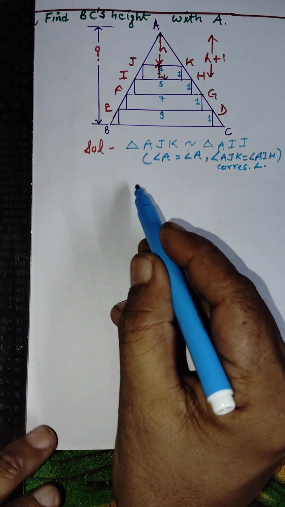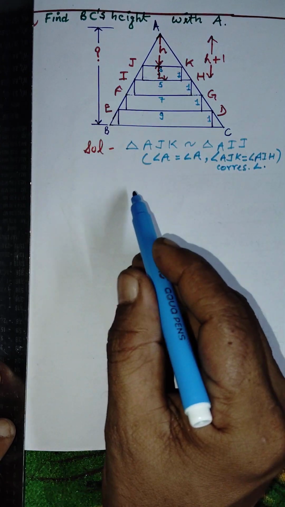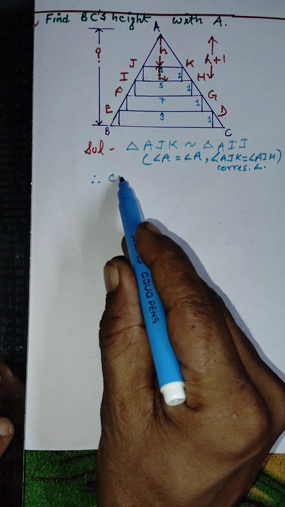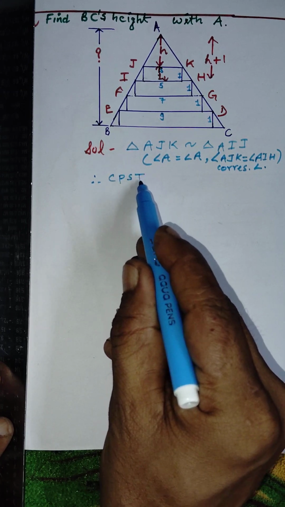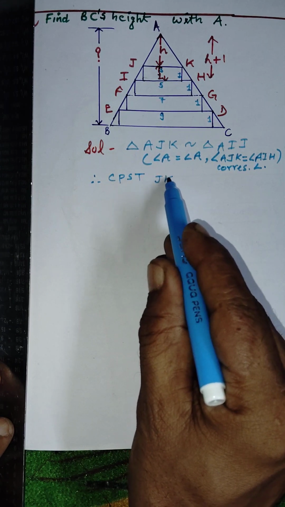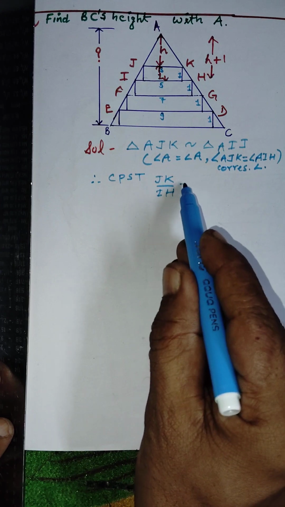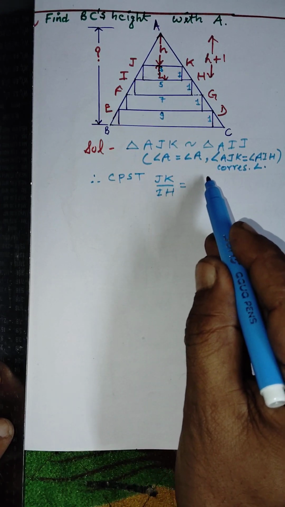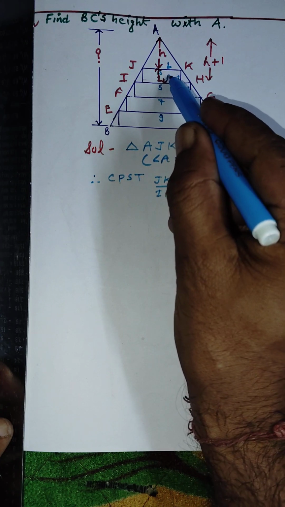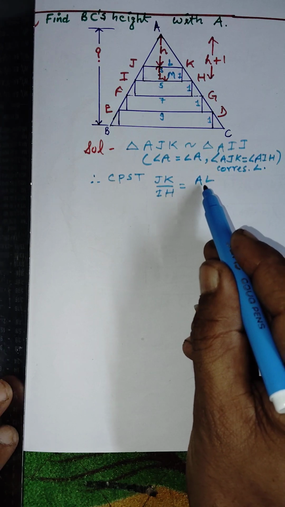So by AA similarity, both triangles are similar. Therefore we can write the similarity property. The smaller triangle's base is 3. By corresponding parts of similar triangles, CPST, we can say that JK upon IH equals, suppose this is L and this point is M, AL upon AM.